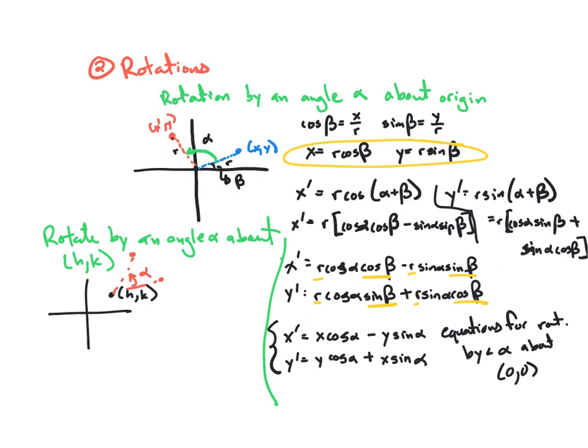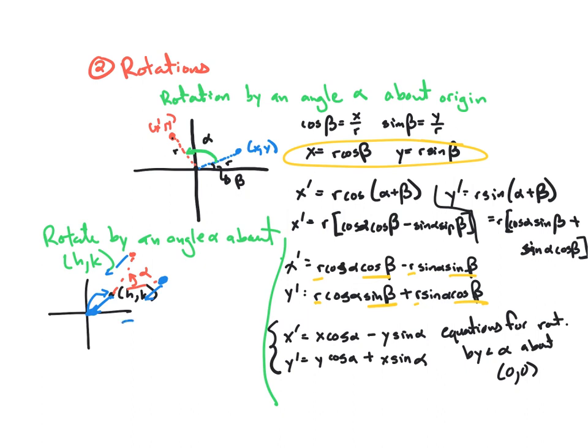Well, what we're going to do is think about it this way. I'm going to move everything so that the center of rotation becomes the origin. I'm just going to translate all my points so that my center of rotation becomes the origin, and then I'll translate back.